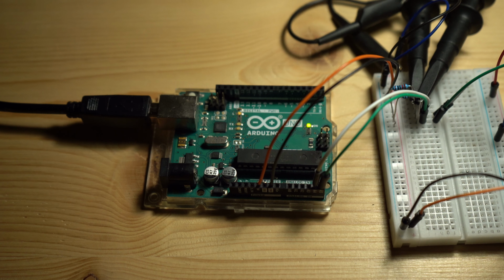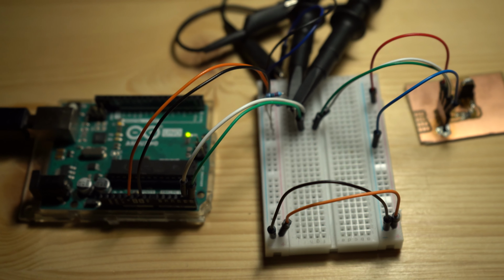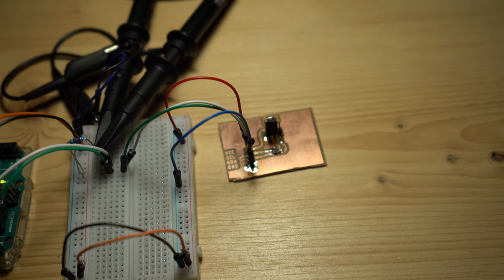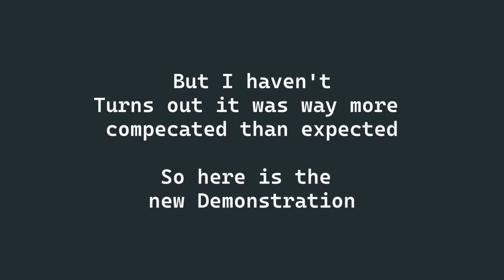Now that we know how I2C works, here I have prepared a simple demonstration with an Arduino Uno and a 16x2 character LCD that uses I2C to display data. Actually, I haven't. Turns out that demonstration was way too complex, so here's a simpler demonstration.